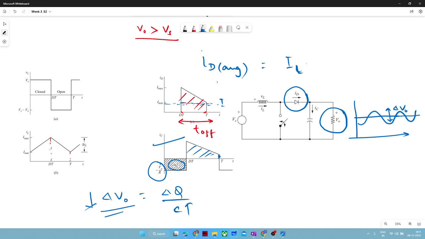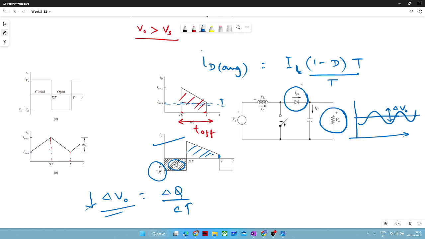So how do you find the average value of diode current? Because the inductor current will flow across this diode when this switch is off, right? The switch will be off for the period (1 minus D) into the time period, and if we divide by the total time period, that will be your average.